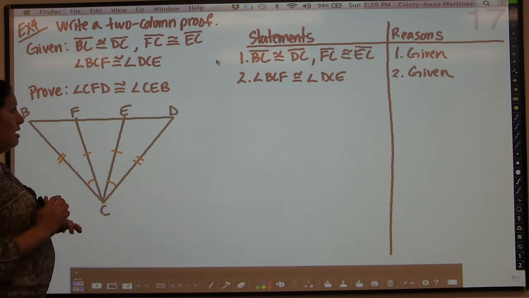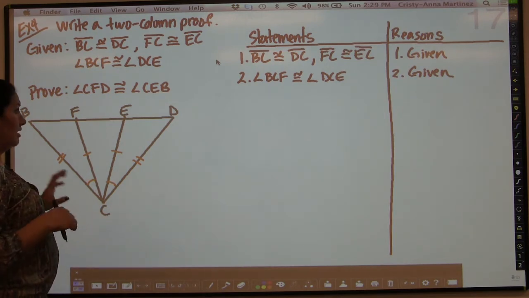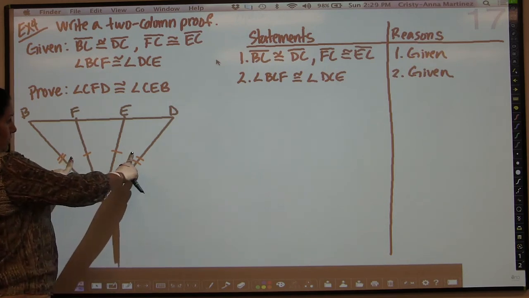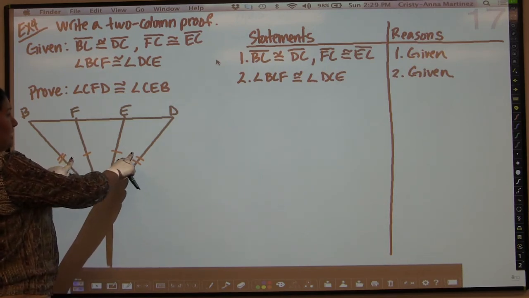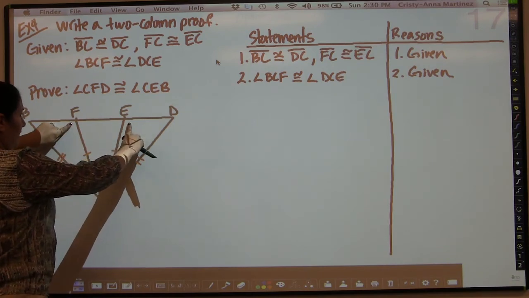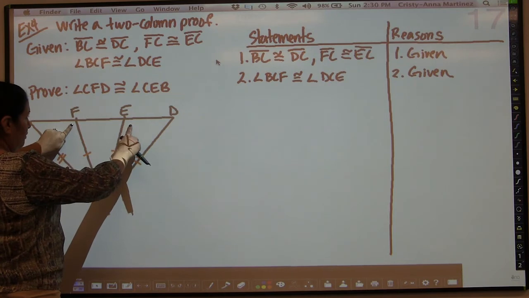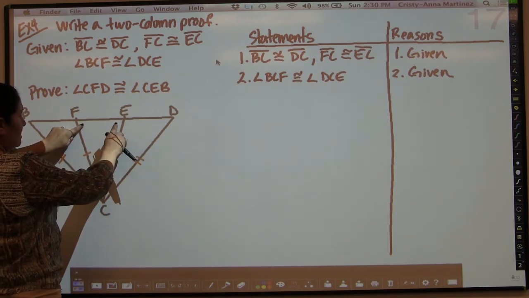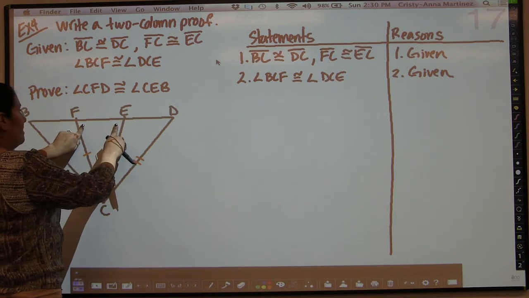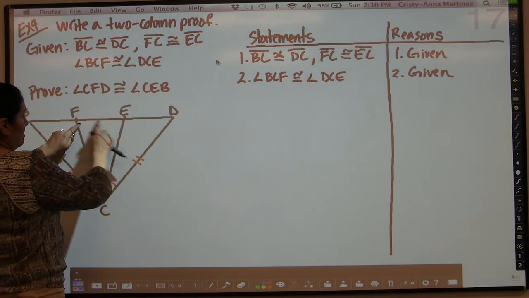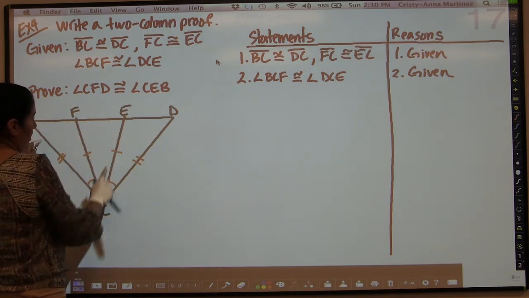So it's going to be kind of crazy. But let me just tell you a little plan. Our plan right now is to prove that these 2 triangles are congruent. And then if these 2 triangles are congruent, then these angles are congruent. And if these angles are congruent, these angles are both linear pairs with these angles, okay? And then these angles are going to be parts of the big 2 triangles that we've got going on here, all right?